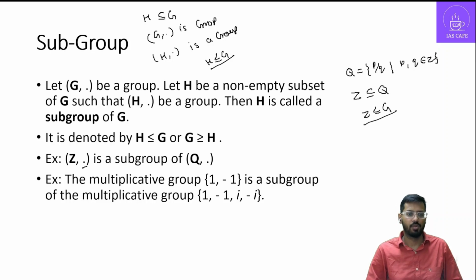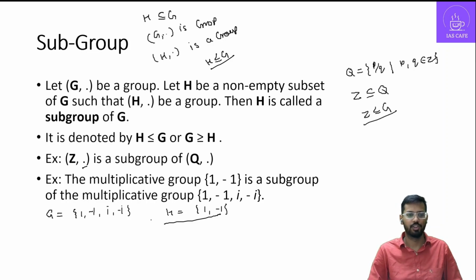For example, if you take a group G equal to {1, -1, i, -i}, and H equal to {1, -1}, H is a subset of G. Now we will check the four basic properties.